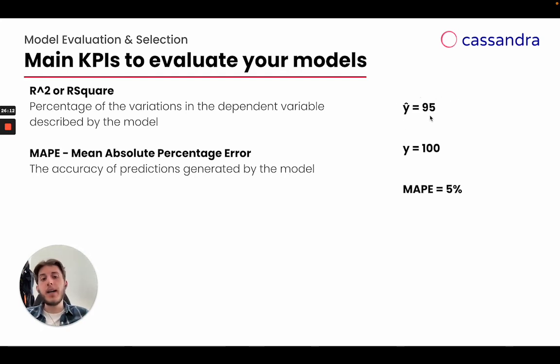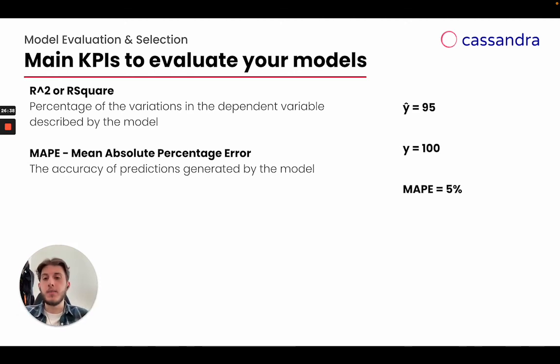Then the week goes by, and we actually see that we generated 100 conversions in total. So there's a little difference between the 95 predicted and the 100 actually generated. And that means that we have a MAPE of 5%, which is basically how much our model was wrong in terms of the generated versus predicted values.